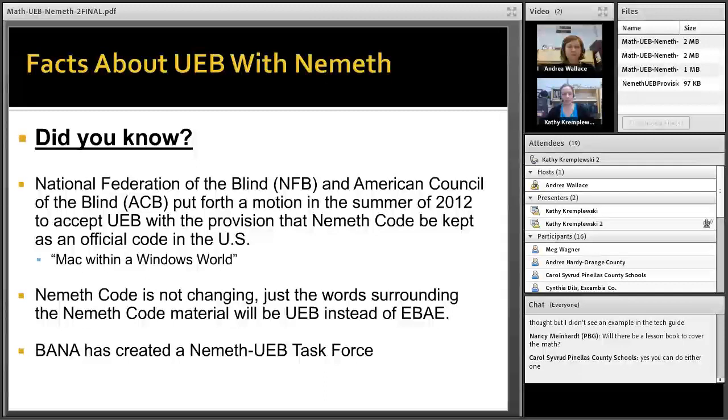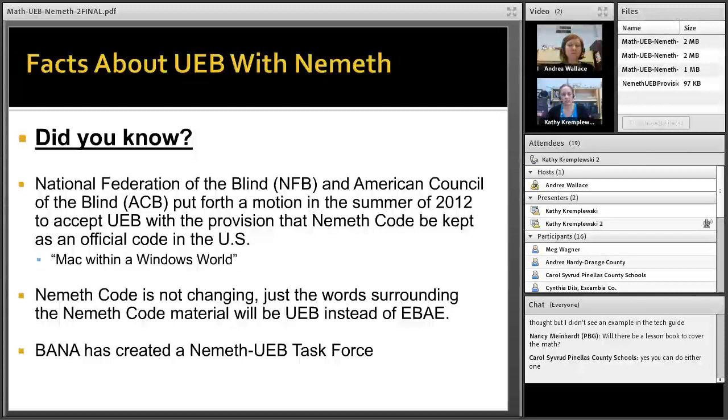One quote that I thought was really cool, I believe it was Dr. DeAndrea, said UEB at the moment is kind of like Mac in a Windows world, or rather UEB is in the Nemeth world. They both are equal. They both do the same things. Macs and Windows can do the same things. It's just a lot of preference, and some people are strong that one's better than the other, either way.